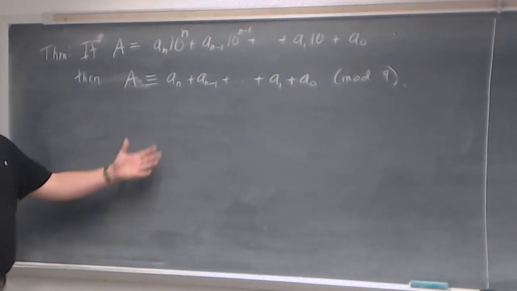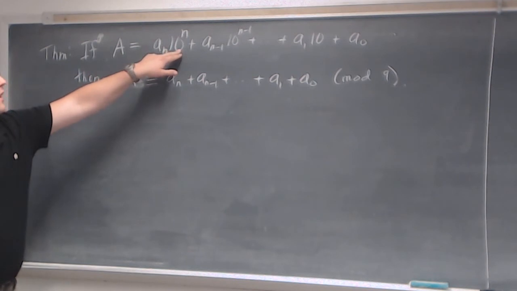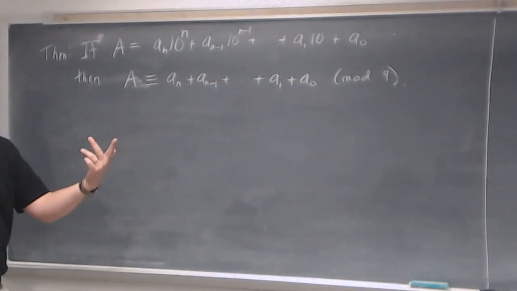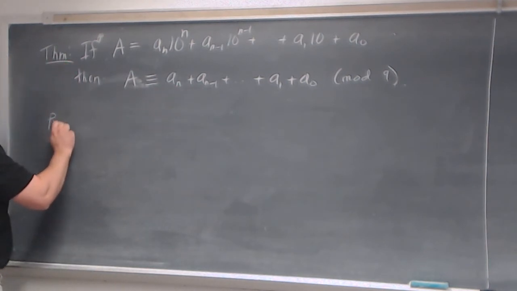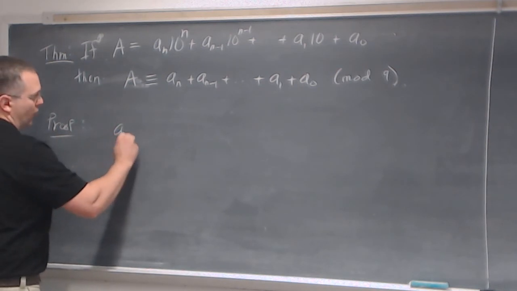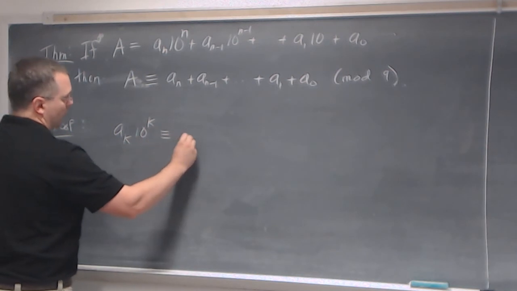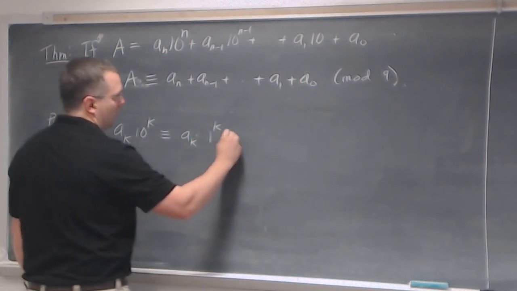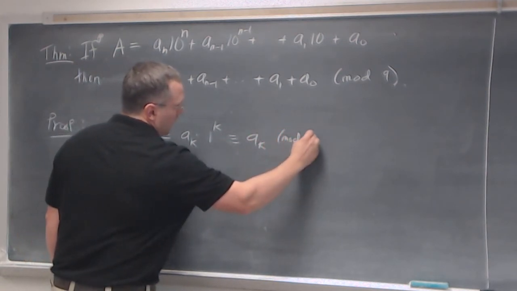Okay, and the proof is exactly what I just erased. Essentially, you start with this, and then you replace all the 10s with 1, and that just simplifies to this. I don't really need a proof, but let's say proof. If you have any one of these terms, a_k times 10 to the k, that's going to turn into a_k times 1 to the k, which is a_k mod 9.